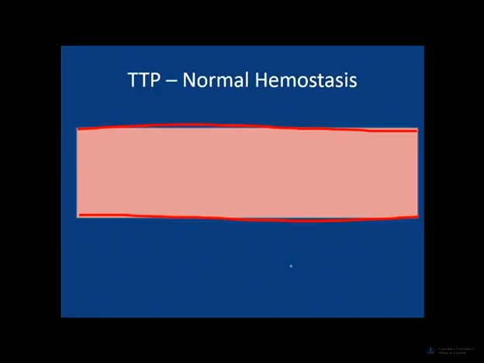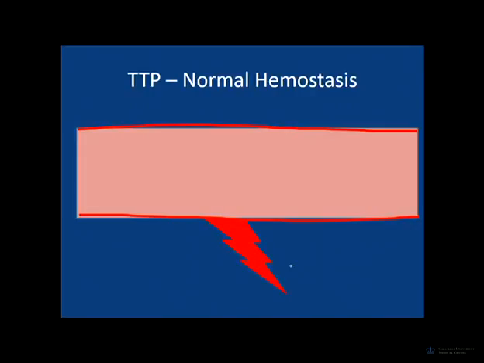TTP, thrombotic thrombocytopenic purpura. It's a rare disease, but we see it several times a year here. It's a fascinating disease. Make believe that this is the microvasculature here, and there's an injury.